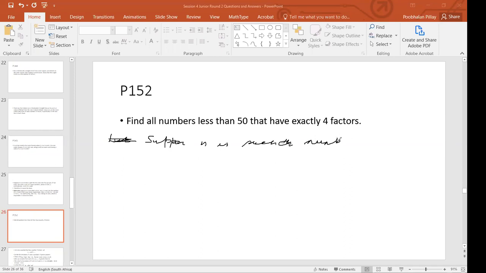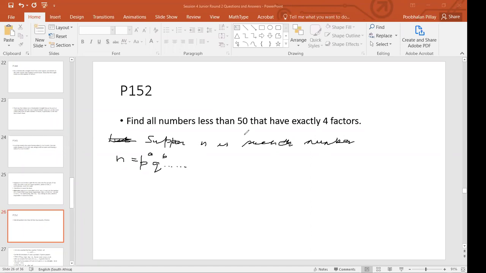Sorry, my writing is atrocious. Now we write n as a product of prime powers. Let's call one prime p, with an index, and another prime number q, with an index. And you go on, writing all the possible prime powers.